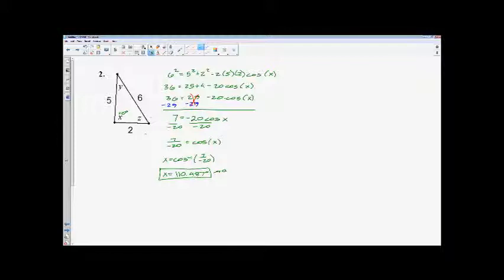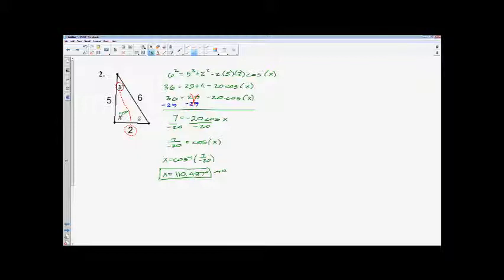Now, I'm going to be using that angle, so I did store it in my calculator for a. Now that I have an angle, that opens up the door for the law of sines. When I solve using law of sines, when I have the option, I'm going to solve for the smallest angle first. So I'm going to solve for y, which is opposite 2.